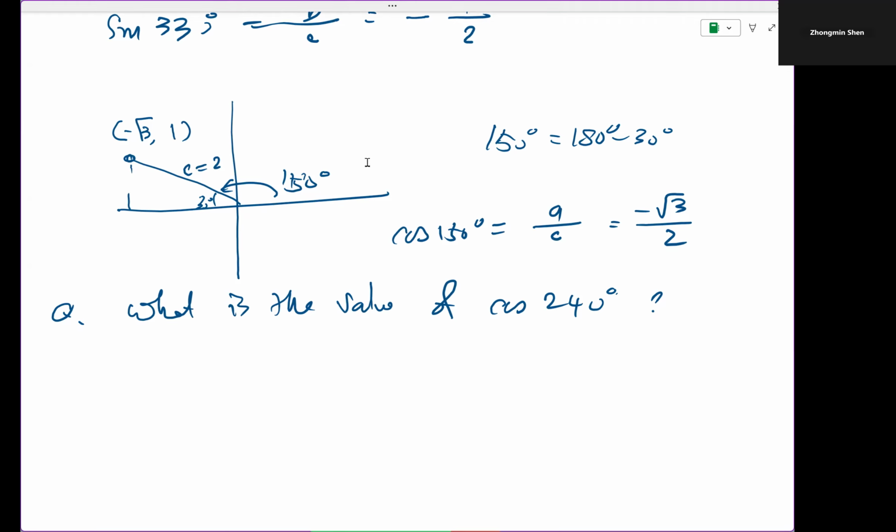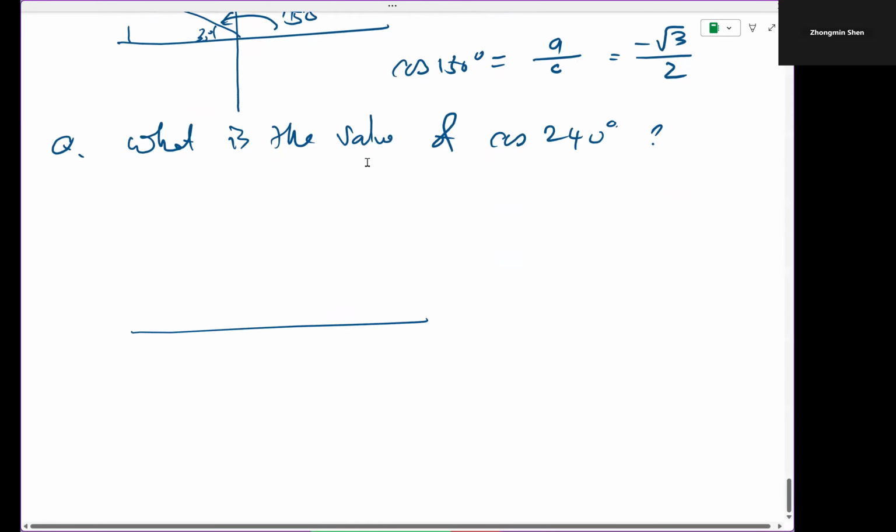We're talking about cosine. You have to use coordinates. You have to mark this one negative.